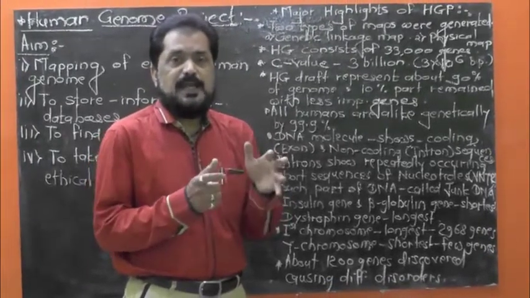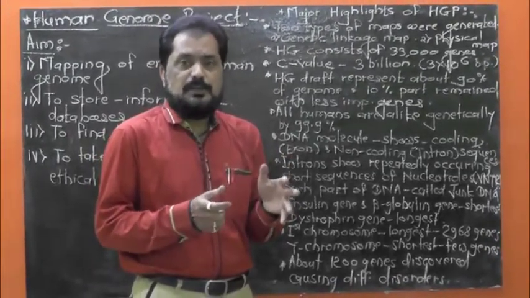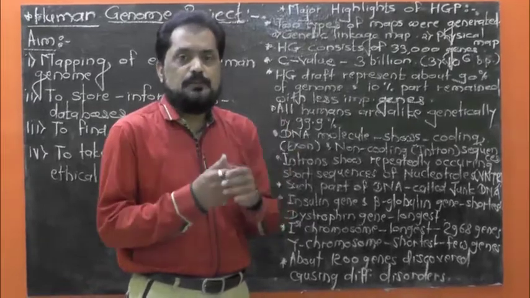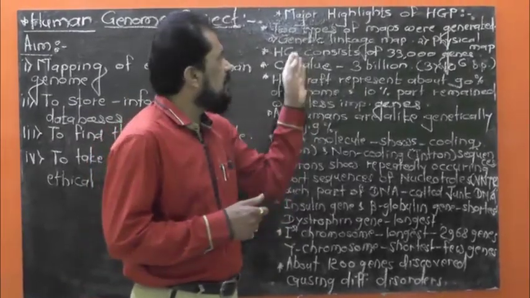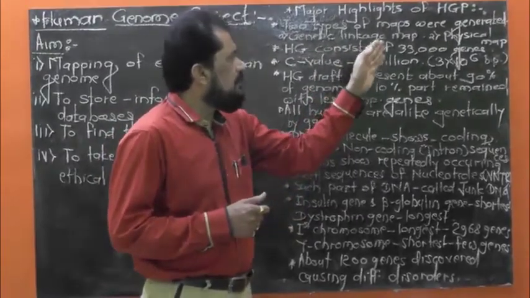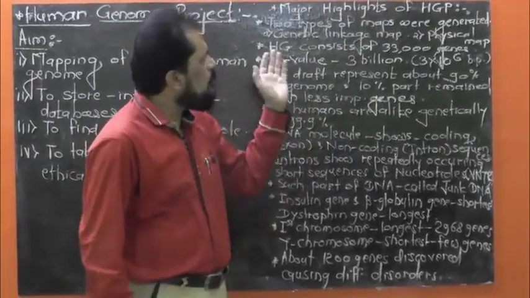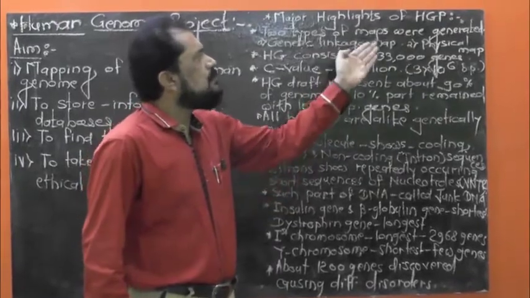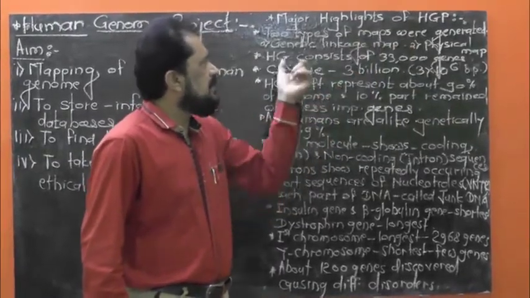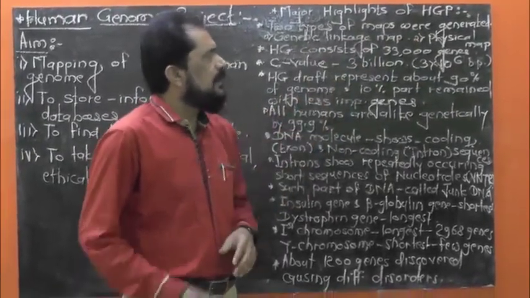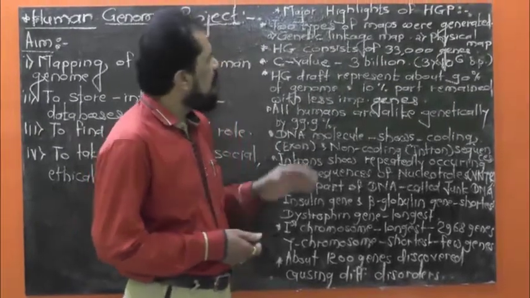So the exact number and location of such linkage groups is determined here in the genetic linkage map. So the first highlight I told you: during the Human Genome Project, two types of maps were generated, the genetic linkage map and the physical map.